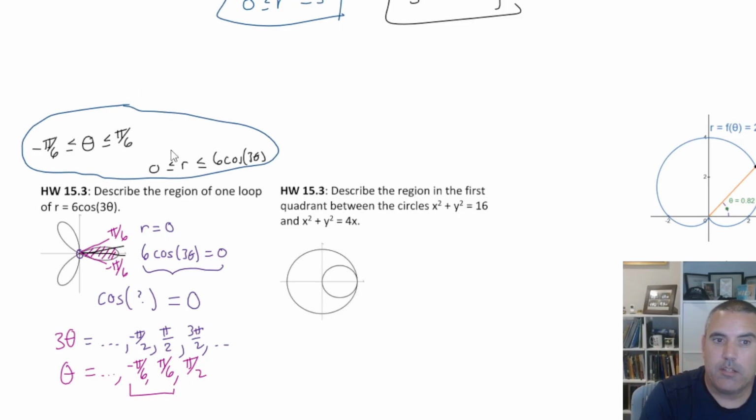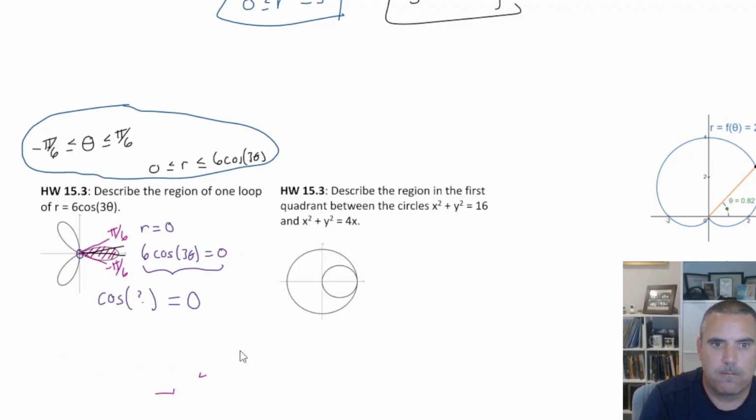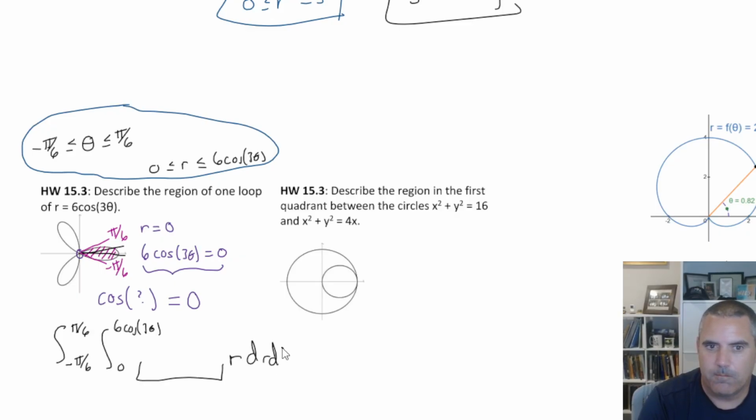But if I wanted to integrate over that, erase this, I would do the double integral from negative pi over 6 to pi over 6, from 0 to 6 cosine of 3 theta. I didn't tell you an integrand here. That would have to be given, and then you'd have r d theta.